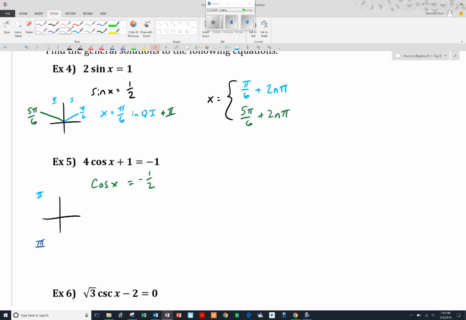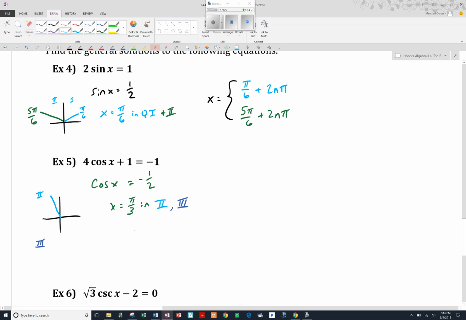So our reference angle is going to be, what angle has a cosine value of 1/2? Well, that would be pi over 3. But we want to be in quadrants 2 and 3. So in 2, reference angle of pi over 3, that means it would be short of pi by pi over 3.